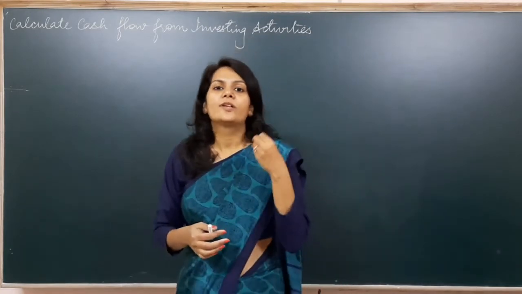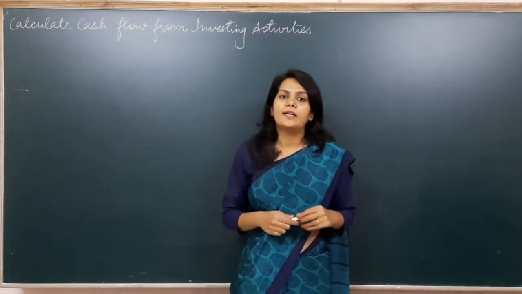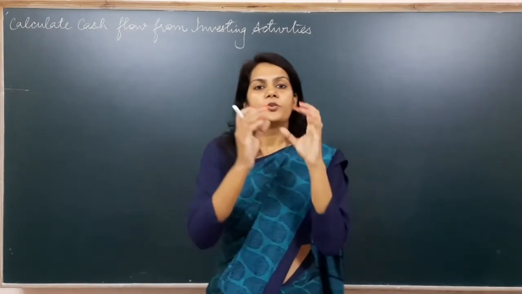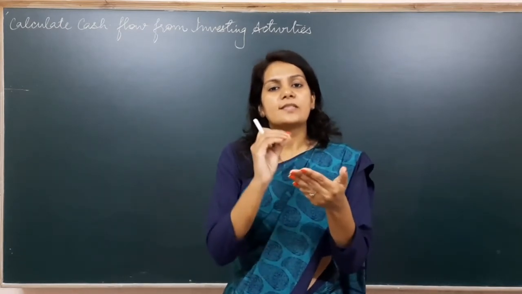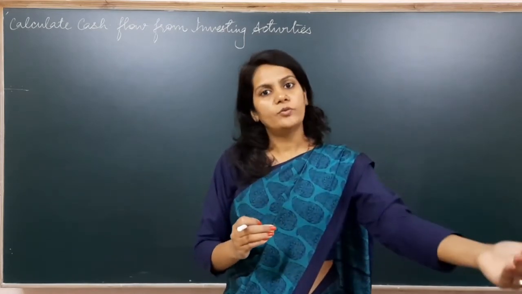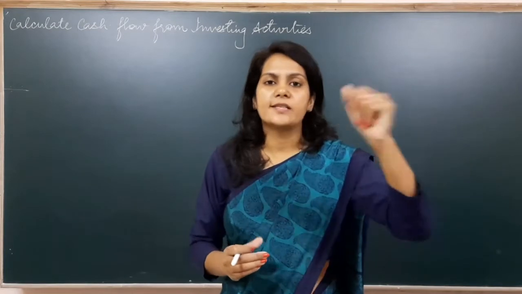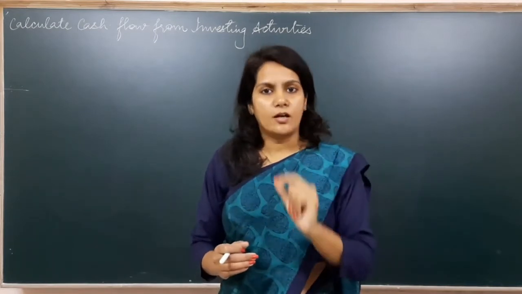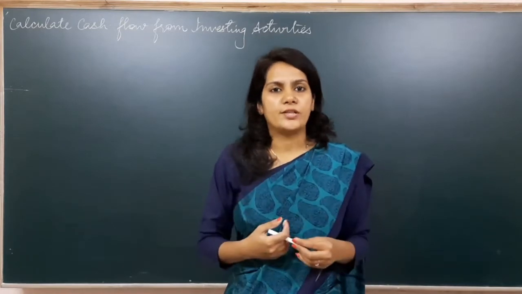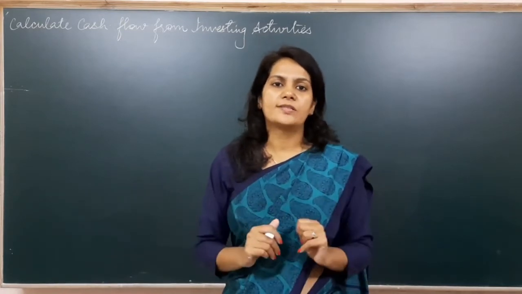Now we would come to know that we have to make the account in the question when some additional information is given to you related to that particular asset, then you have to make an account first of all, and only then you can find out the sale and purchase. Directly you can't find out the sale and purchase.